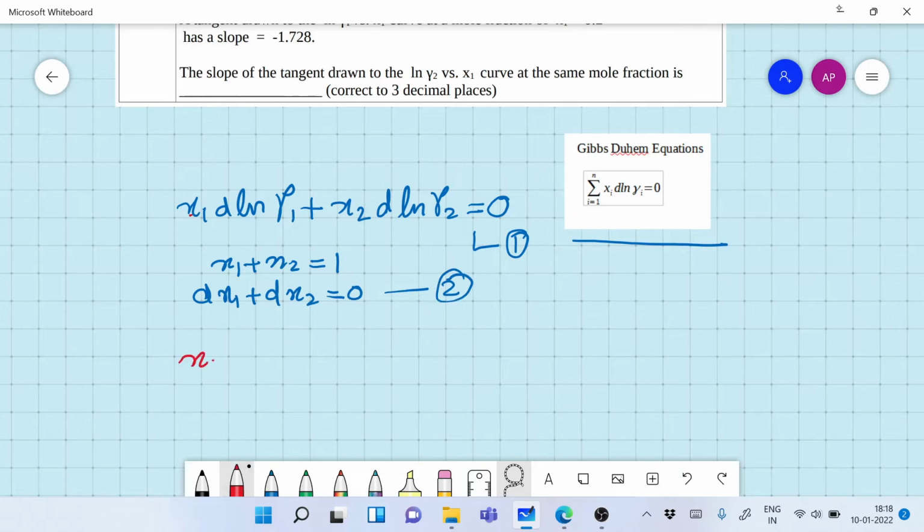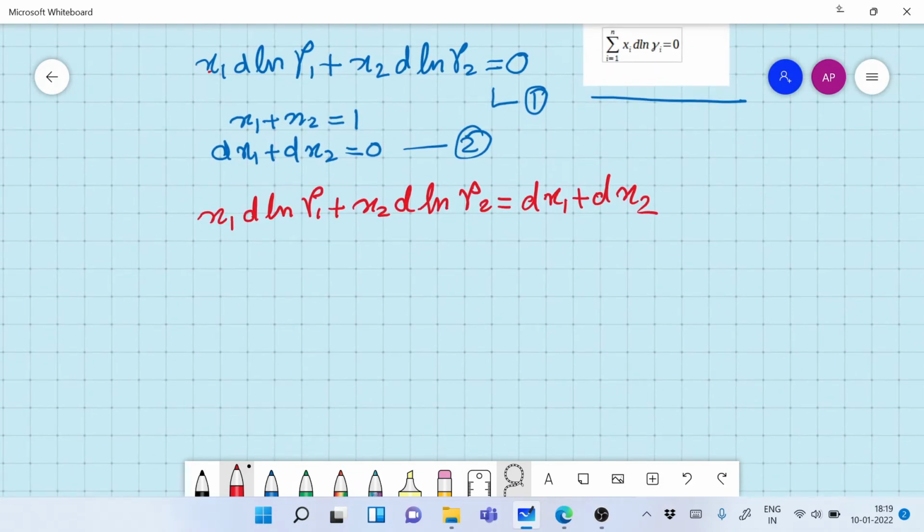Now we write equation number 1 and equate it to equation number 2. Further, we divide this entire equation by dx1.